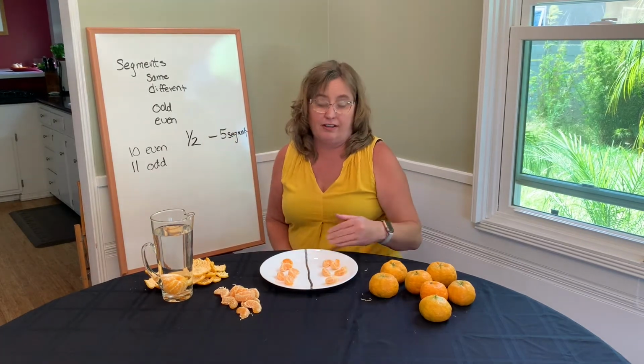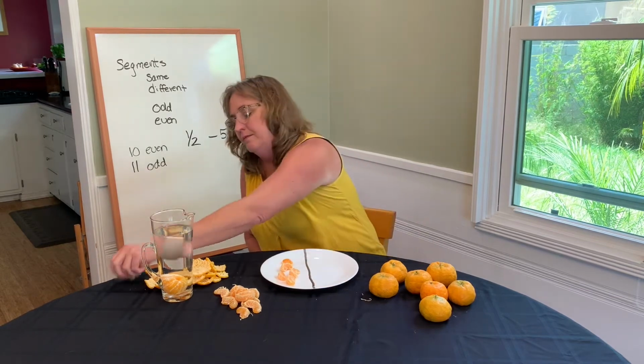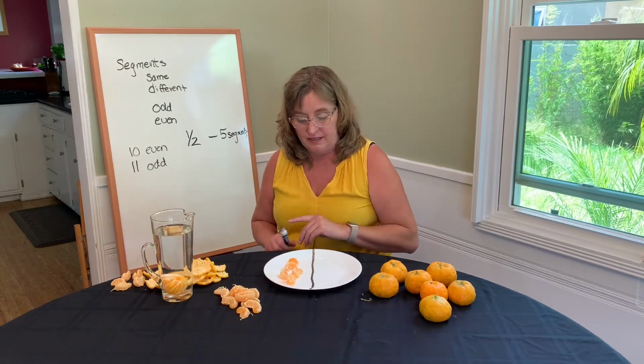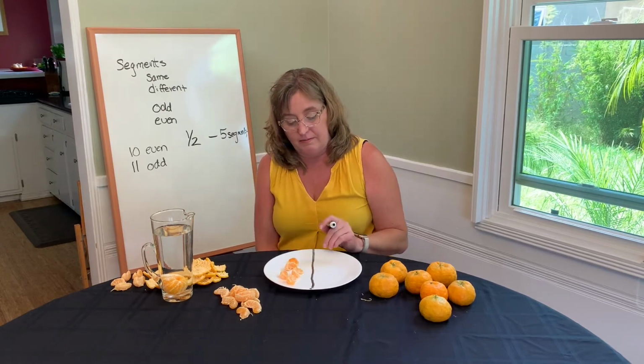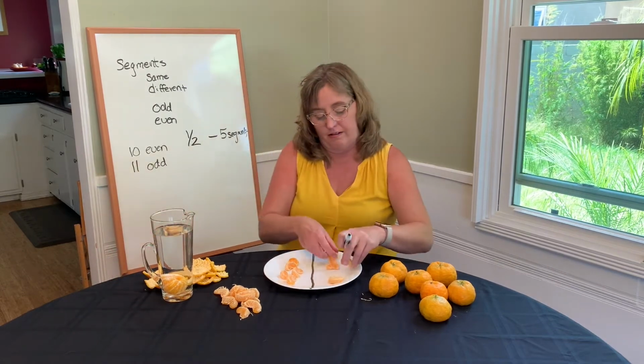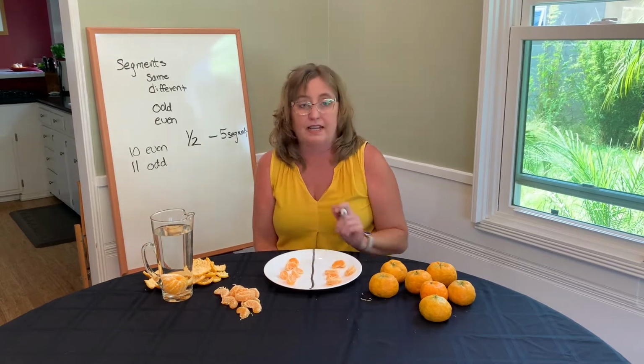Now if I were to eat all these, and I'm not going to eat them on camera this time, I'm going to set them aside. We have 5 tangerine segments left. And this time, let's do it different since I don't have all of you with me. So we have 5 on this half and 5 on this half.